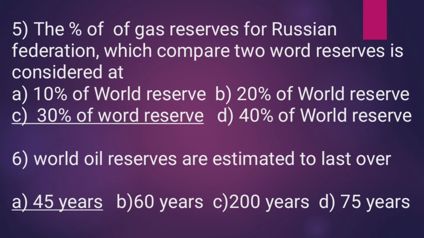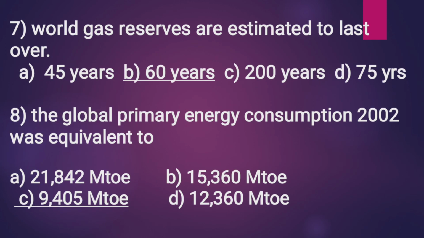Fifth: the percent of gas reserves for the Russian Federation compared to the world's reserves is considered at 30% of world reserves. Question number 6: world oil reserves are estimated to last over 45 years, 60 years, 200 years, 75 years. So the correct answer is option A, 45 years.